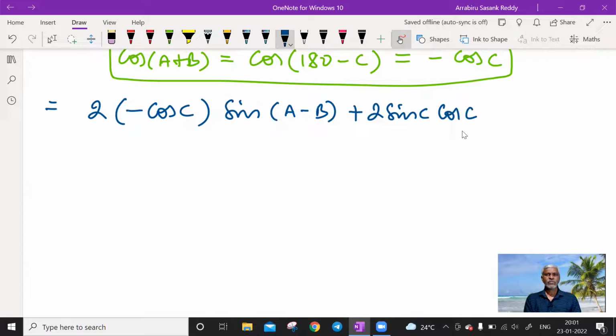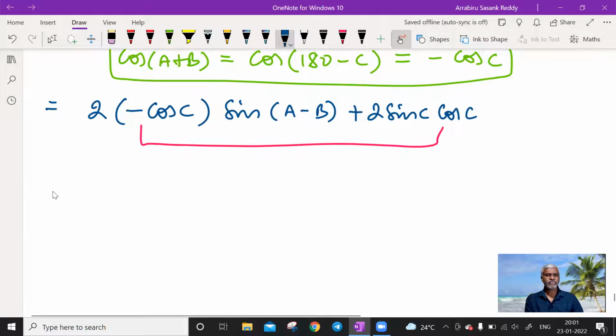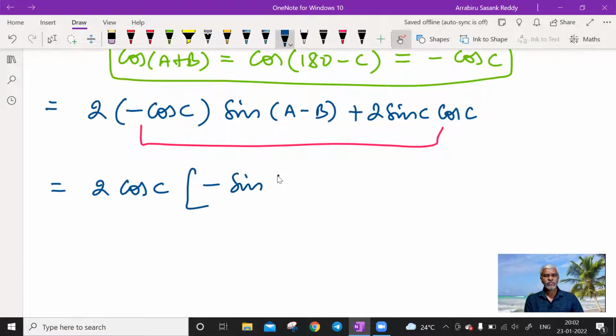2 cos C, 2 cos C. Taking this 2 cos C common, minus sin (A minus B) will remain, and sin C will remain.